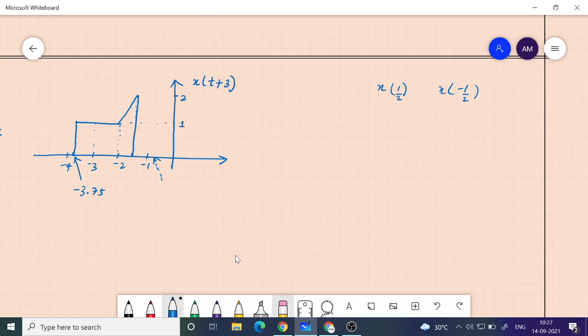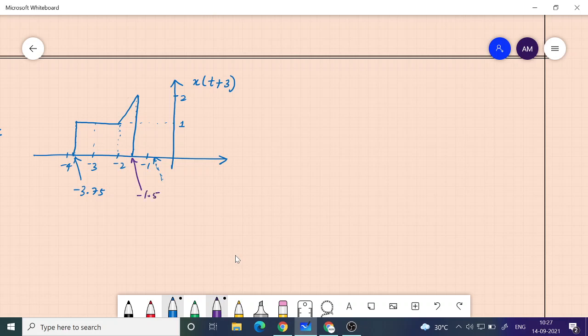Okay, so you have to be careful again. Basically we need to do the stretching. Sir, it is at 1.5, minus 1.5. Yeah, here it is at 1.5, correct. So from here, if we double it, what is the duration? The entire duration has to be doubled.